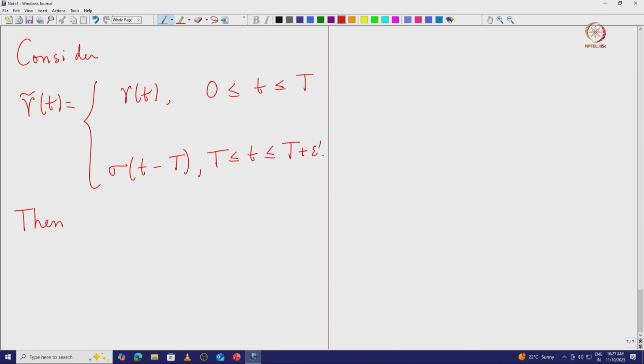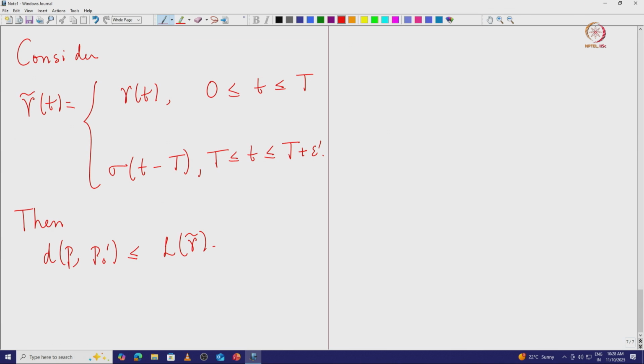Okay, so one thing to note is that the distance from P to P naught prime is going to be less than the length of this gamma tilde, because gamma tilde is one such curve connecting P to P naught prime.